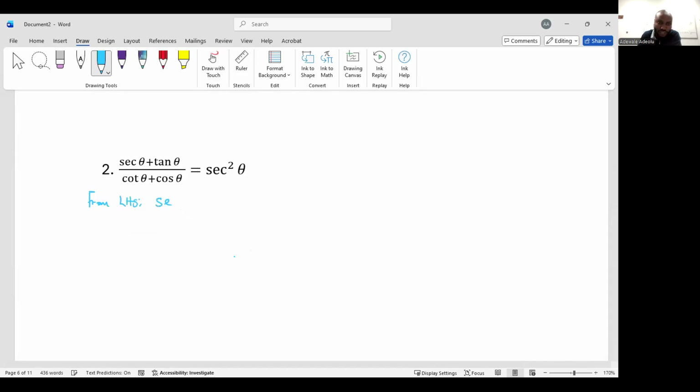So, secant of theta plus tangent of theta divided by cotangent of theta plus cosine of theta. Let us see if we will be able to simplify it and get secant squared of theta. Well, I have secant here. Maybe I shouldn't do anything to the secant I have there. I will leave it.